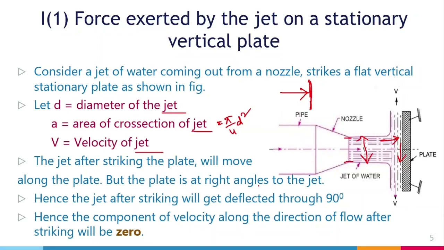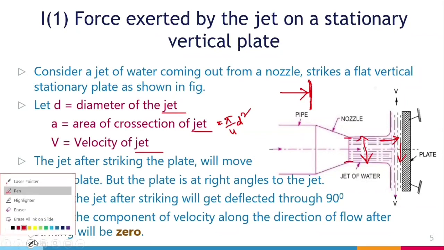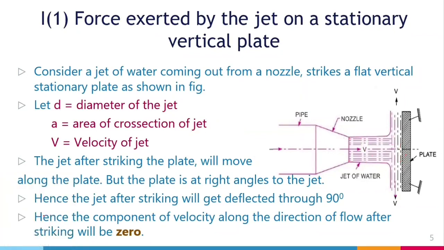You should understand the meaning of the words along the jet, perpendicular to the jet, etc. Now all of you have an idea of what the velocity of the fluid along the jet is, or the meaning of the words along the direction of flow. If you observe this symbol, it indicates the direction of flow.